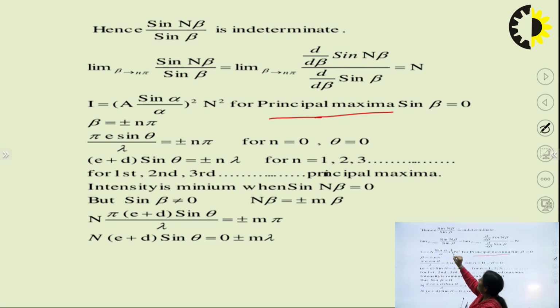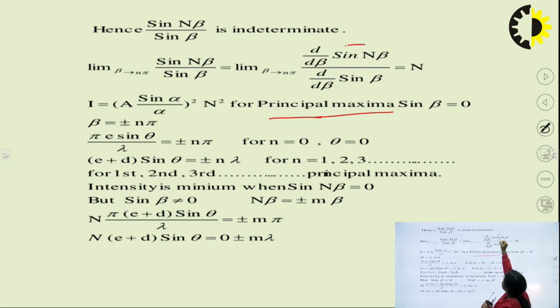If we do it, then what will happen to this term? We will differentiate; that is the L'Hospital rule that we can use here. When we have an indeterminate form occurring, we can use that rule. So that is what is done here.